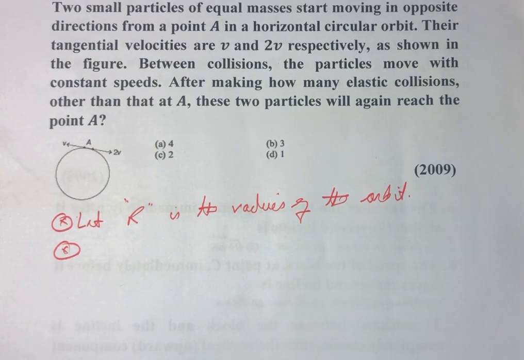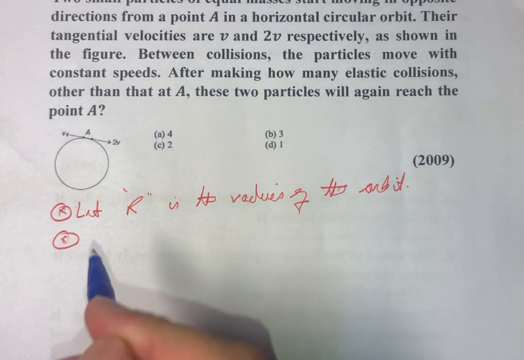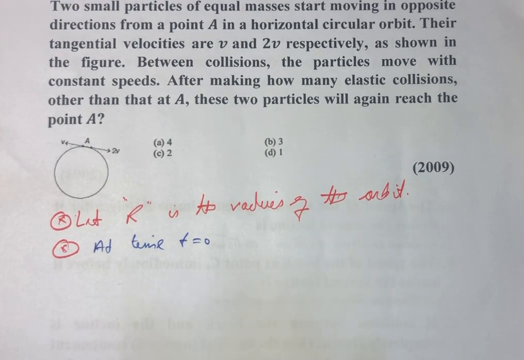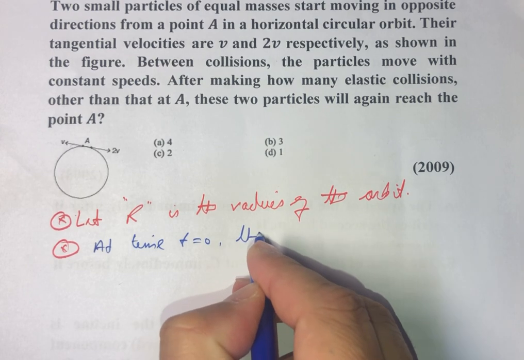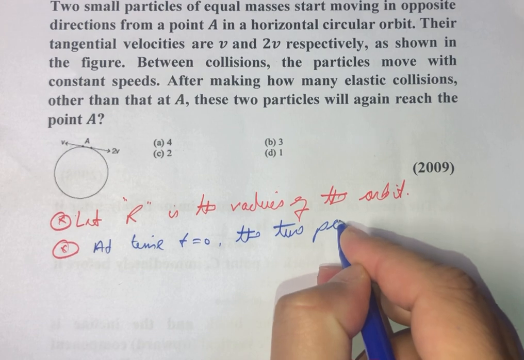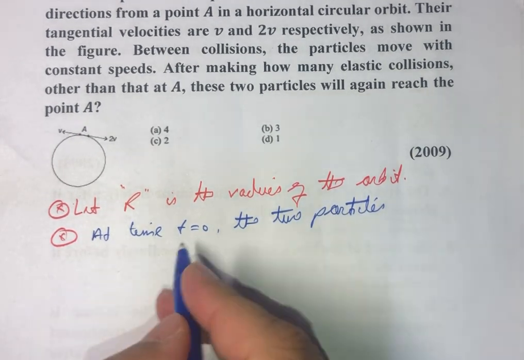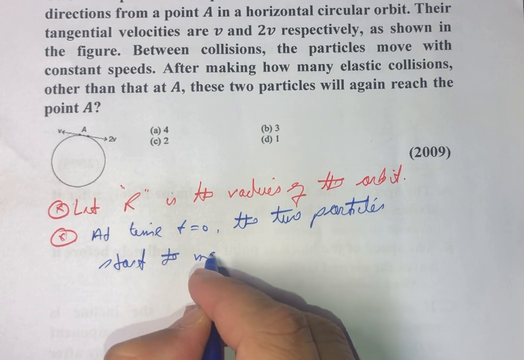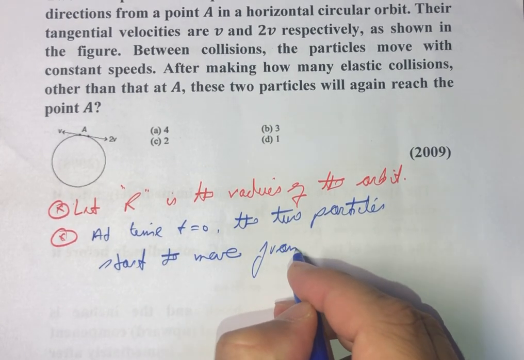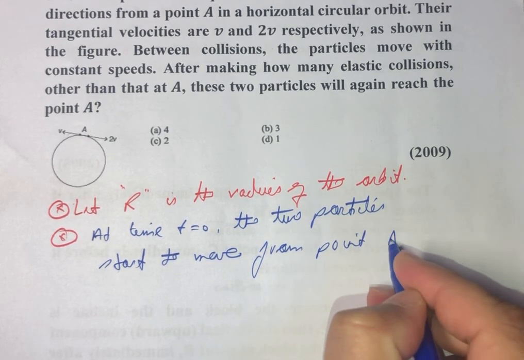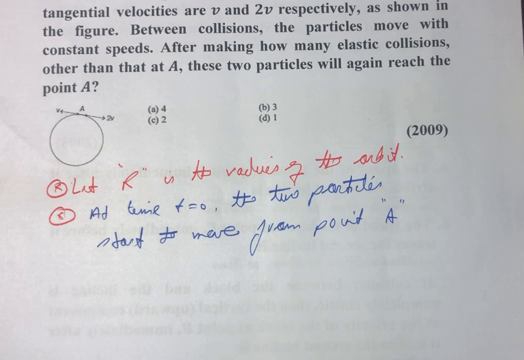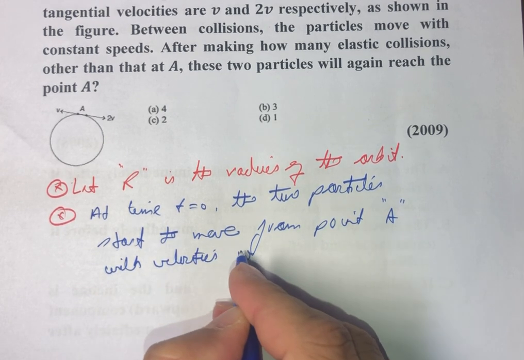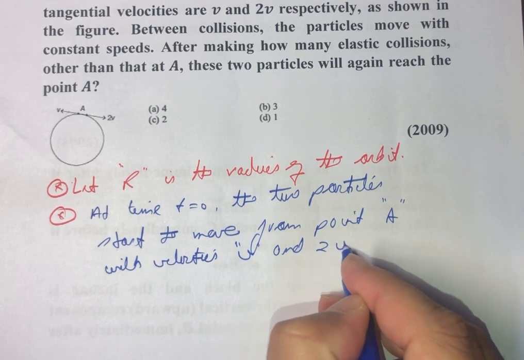And second, at time t equal to 0, the two particles start to move from point A with the velocities v and 2v.